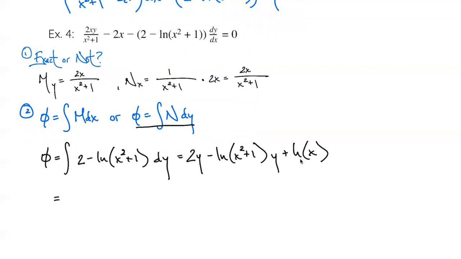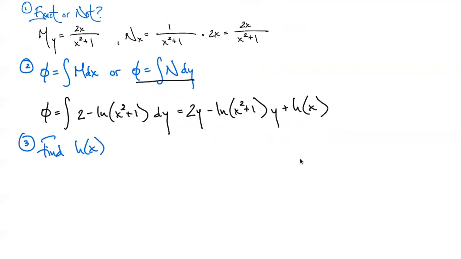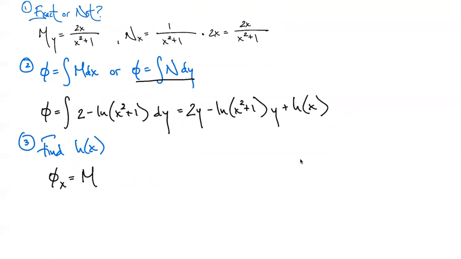Now we'll find our h of x. And how do we find that h of x? Well, we're going to use phi sub x equals our M. In other words, we take what we have here, take a partial, and set it equal to M. So what do we get? We get 2y, that goes away, minus the natural log.